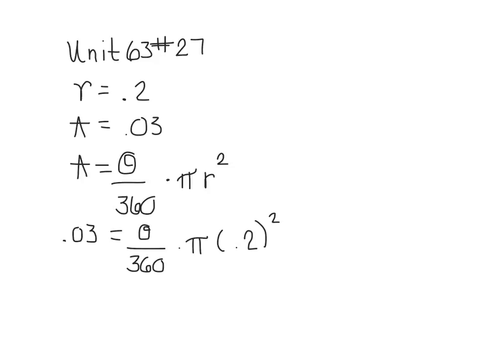Now I'd like to try to avoid rounding any of these numbers until I get a final answer. So I'm going to take my calculator and find out first what's the value of pi times 0.2 squared. So pi times 0.2 squared is about equal to 0.12566.